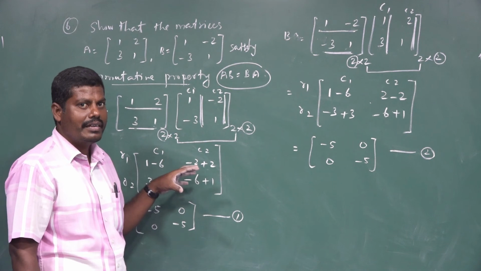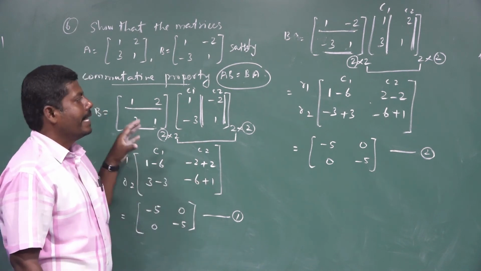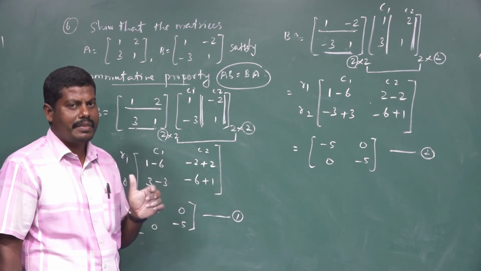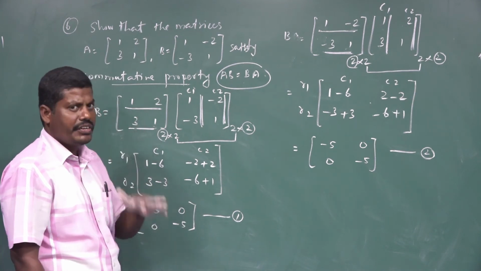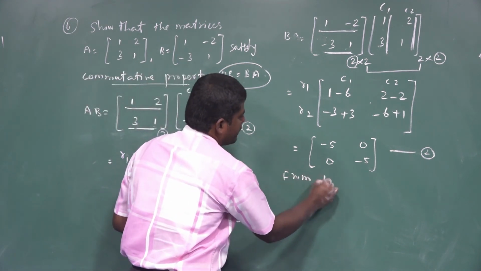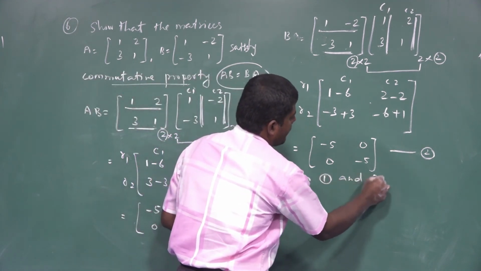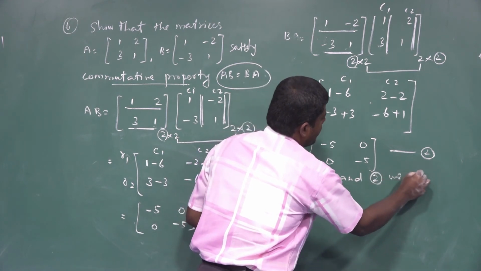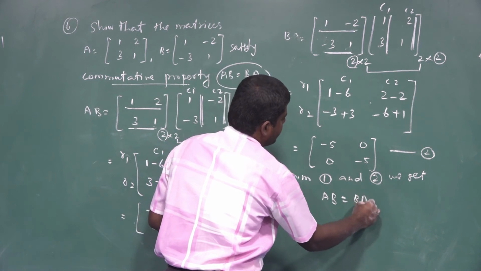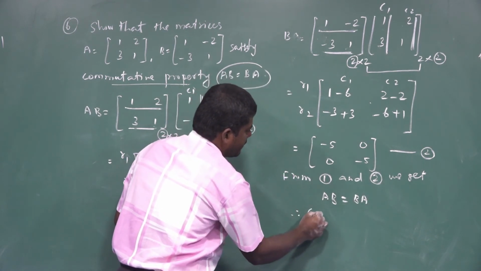But in general, matrix multiplication does not satisfy the commutative property. You keep this in your mind. Now, from 1 and 2 we get AB equal to BA. Commutative property is verified.